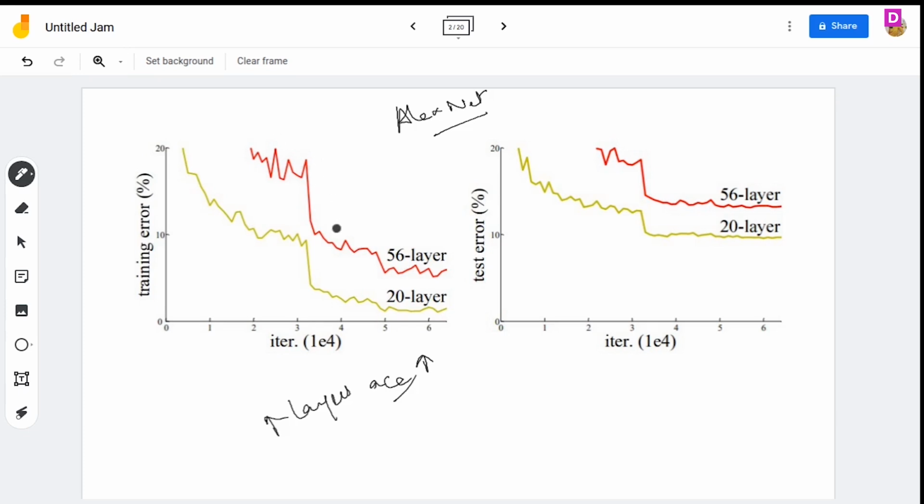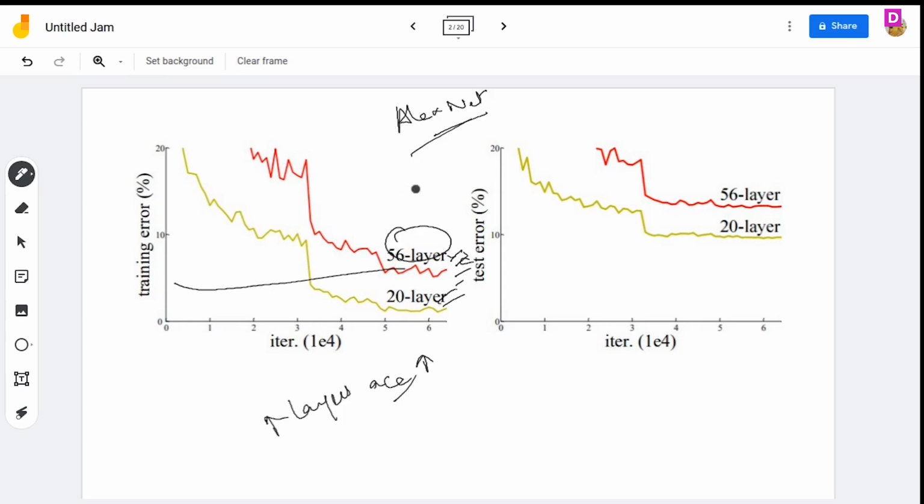The residual network paper shows that here you have the training error. This is for 20 layers of AlexNet. Then again they have trained the same thing on 56 layers of AlexNet, and you can see very easily that the training error is way higher for 56 layers, although this is a deeper network.